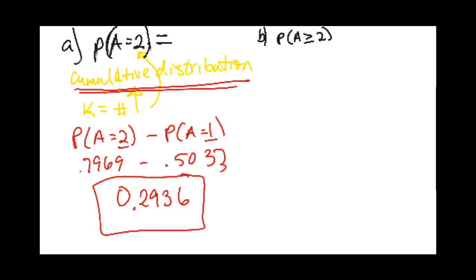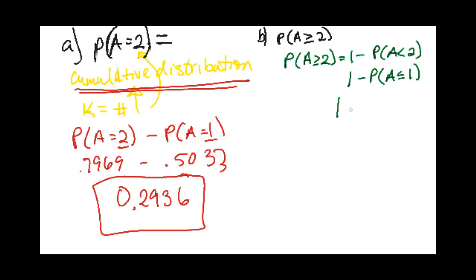On these, you want to use the complement rule again, so the probability that A is greater than or equal to 2 equals 1 minus the probability that A is less than 2. Because that's a discrete distribution, that means less than or equal to 1, the next value that has a probability. Because the table is cumulative, all you have to do is 1 minus the value for 1.